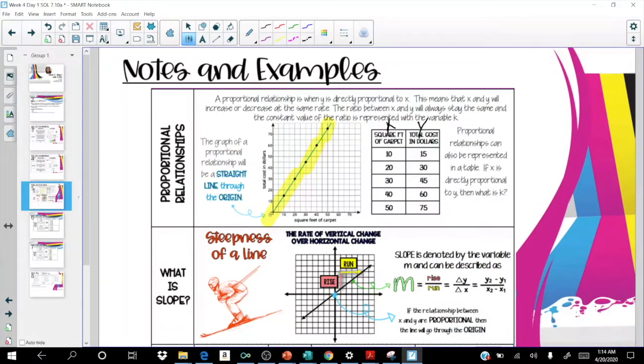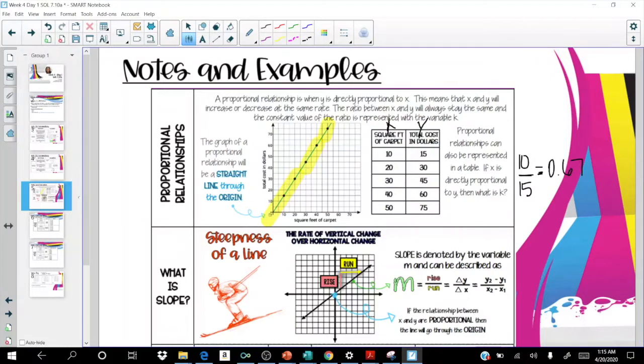In order to find K, all you do is divide. Once again, these values, X and Y values, create a ratio. The ratio between the two will always stay the same. Meaning, to compare X to Y, you would divide 10 over 15, which is 0.67.